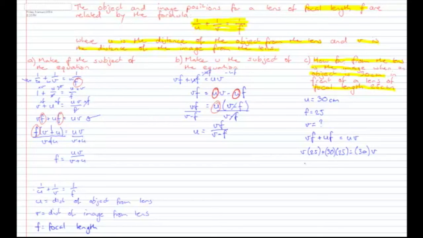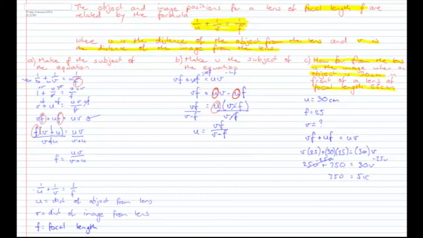Alright, so that means I've got 25v plus 30 times 25, which is equal to 750, is equal to 30v. Alright, we want to get all the v's on one side, so let's subtract 25v from here and subtract 25v from here. They're going to cancel out, leaving us with 750 is equal to 30 minus 25, which is 5v.